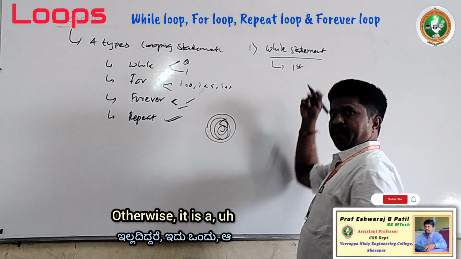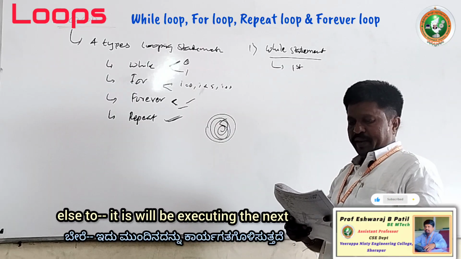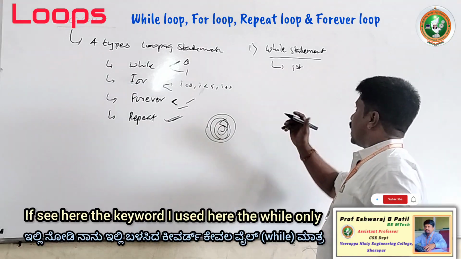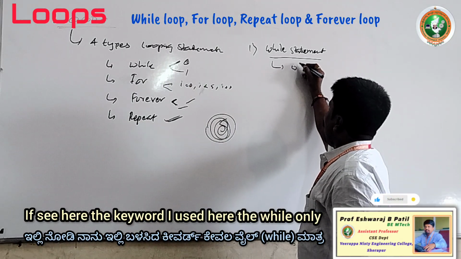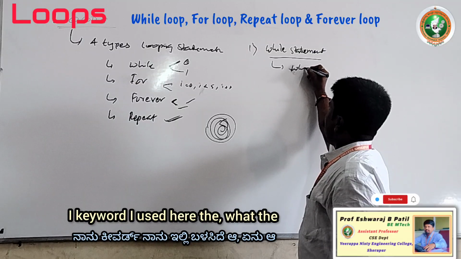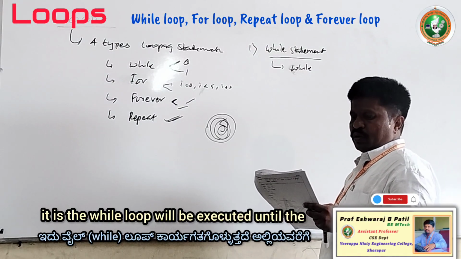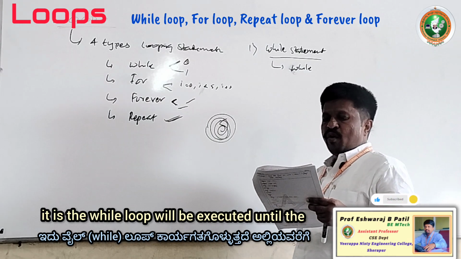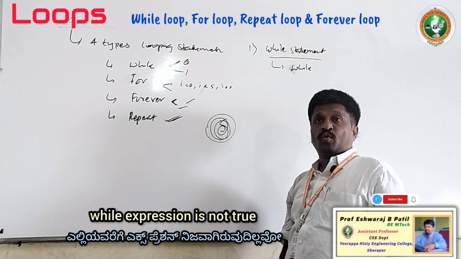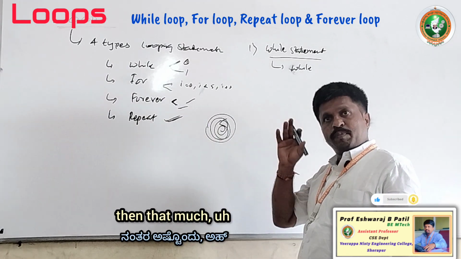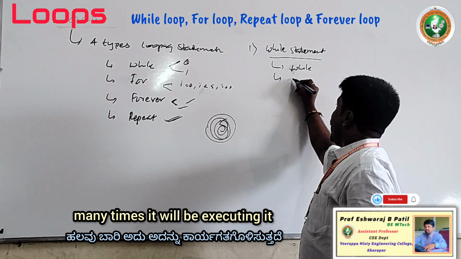Otherwise, it is an else, and it will execute the next statement. The keyword used here is while. The while loop will be executed until the while expression is not true. If it is true, it will keep executing.